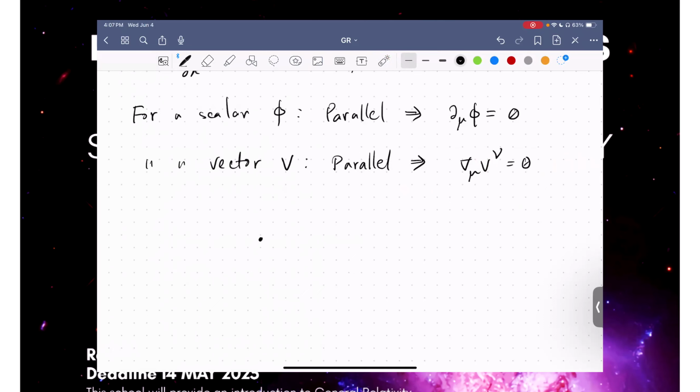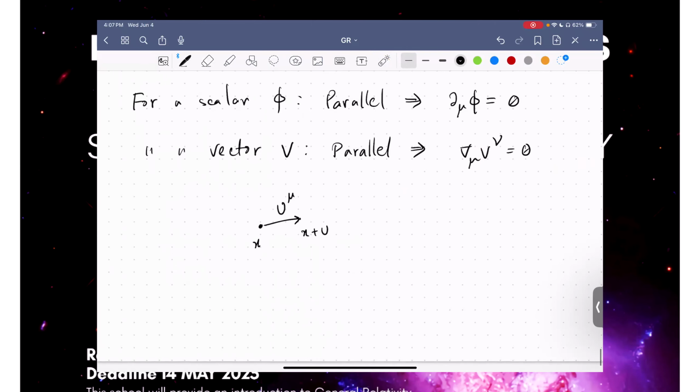So suppose from X, you have some direction u mu, which defines a small distance x plus u. Then if you have this condition that u mu del mu v nu equals 0, that means this vector v of x is being parallelly transported to v at x plus u.